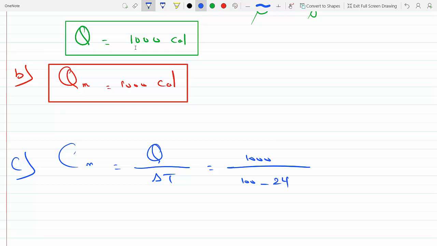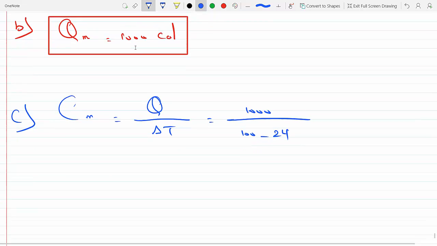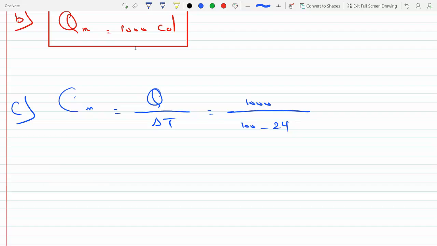If we divide these two, we get C for the metal to equal 13.2 calories per Kelvin. Remember, this is not per unit mass because I didn't use small c, I used capital C. This is the heat capacity.